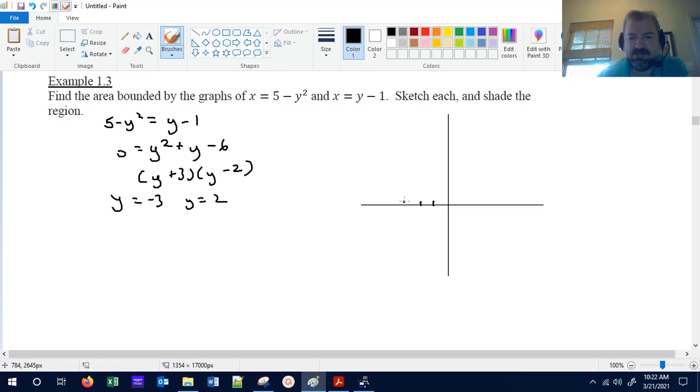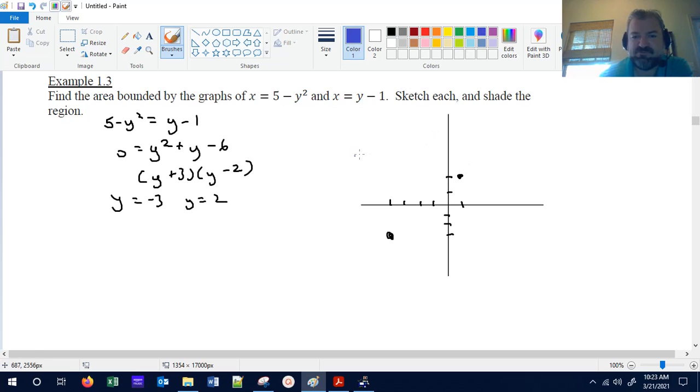So -4 on the x goes with -3 on the y. And then when I plug in -3 here, it also gives me -4. Let's try the 2. 5 minus 2 squared is 1, and 2 minus 1 is also 1, so it works in both places. So y of 2 goes with x of 1.